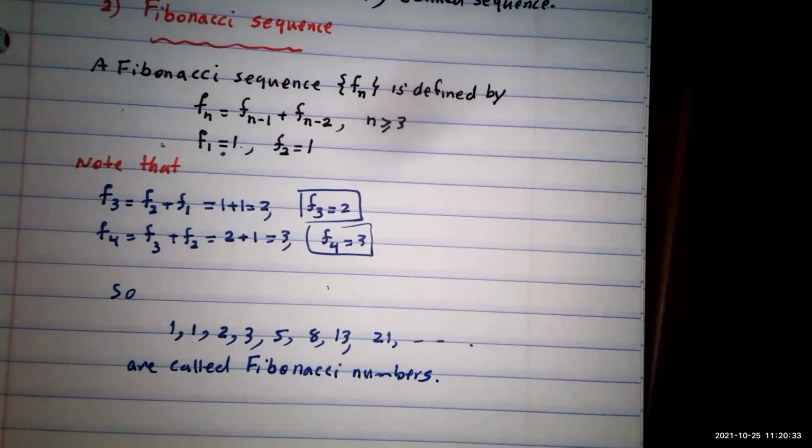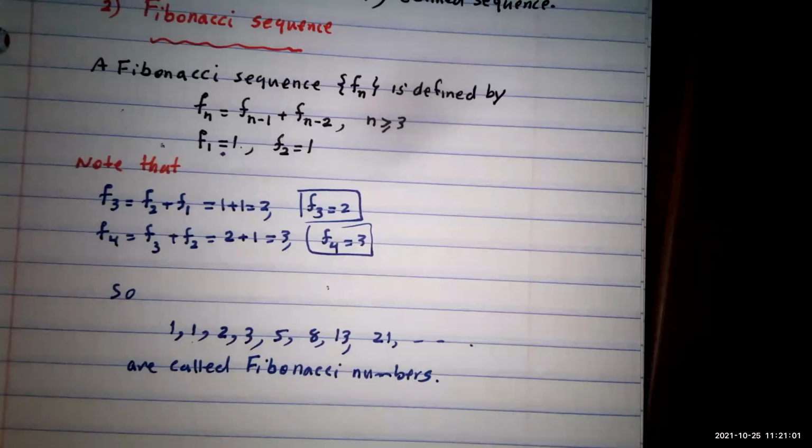There is quite a lot about the Fibonacci numbers or the Fibonacci sequence. There are some stories related to this one. Most of them are false, but there are some nice ones mathematically. This type of sequence is used in coding theory. You will see it over there. And there are many other properties.